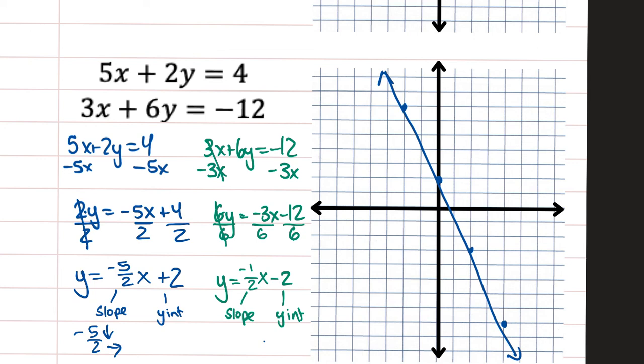Start at the y-intercept, so since it's a negative 2, we will go down 2 and plot our first point. And then negative 1/2, 1 is negative, so we are going down 1. And then 2 is positive, so we'll go right 2. So from the y-intercept, I'm going down 1 and right 2, plotting a point, and so on.